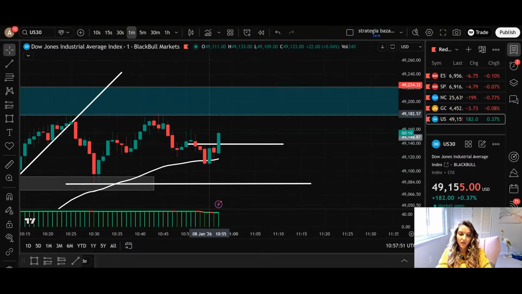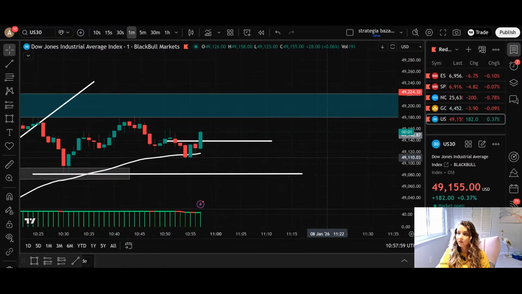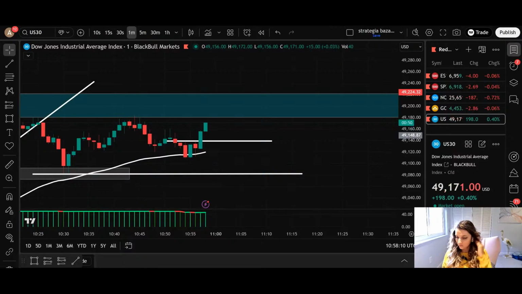I need the price to break this area because I'm too close to it. If I want to take a long here, I'm too close to here. I'm not confident. But if you are confident, go. Don't listen to me. Do it.